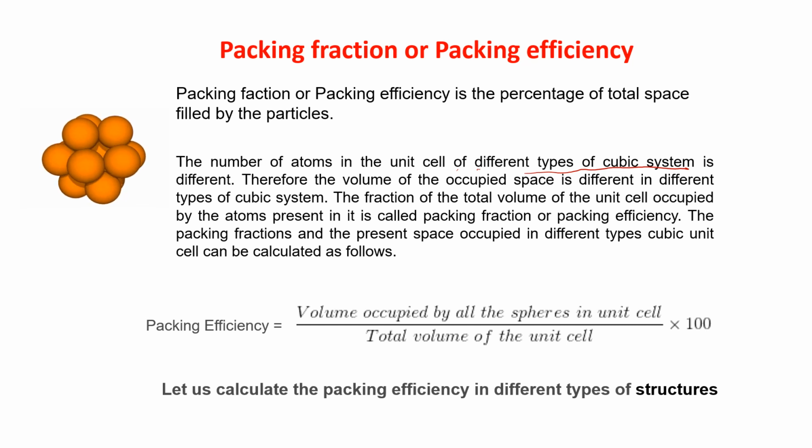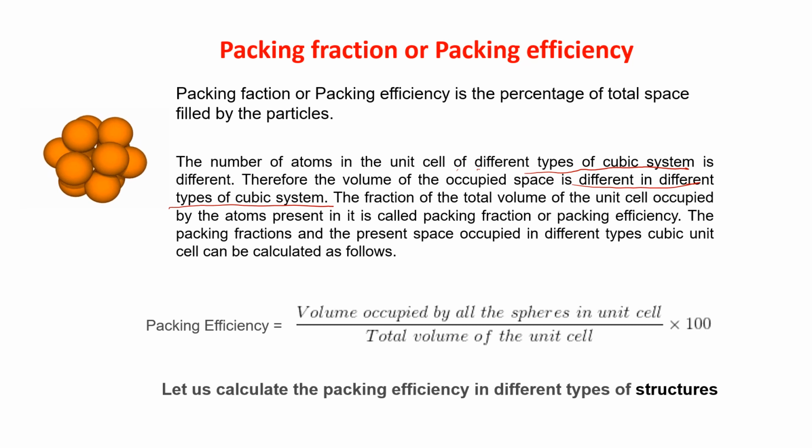At the face centers there are 8 corners 8 and in each face 1. In end face, 8 corners 8 and opposite two faces 1 each. So the number of atoms in unit cell of different types of cubic system is different. Therefore, the volume of the occupied space is different in different types of cubic system.